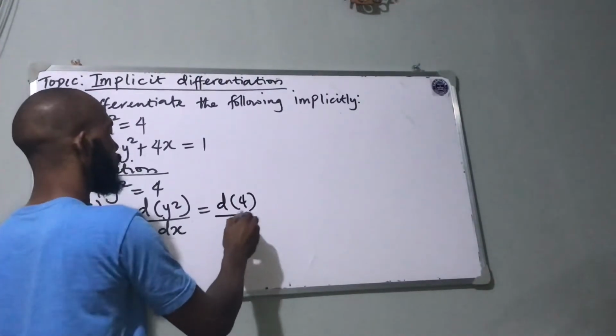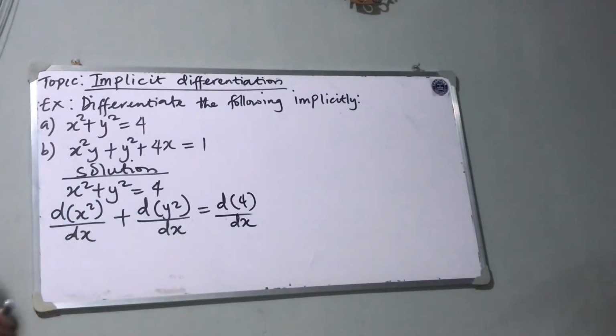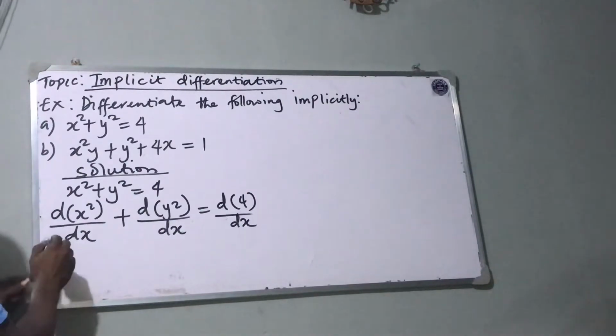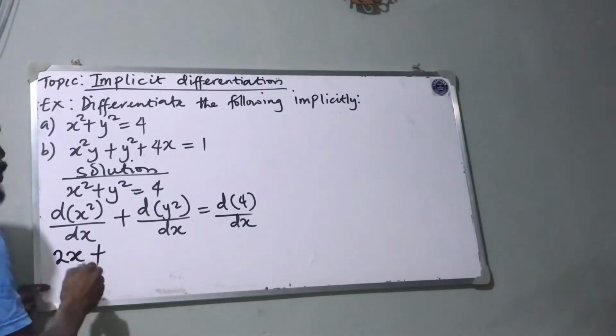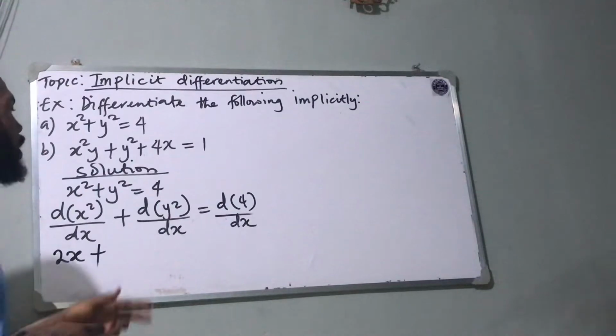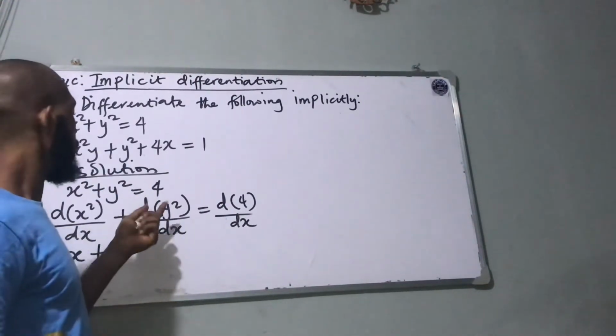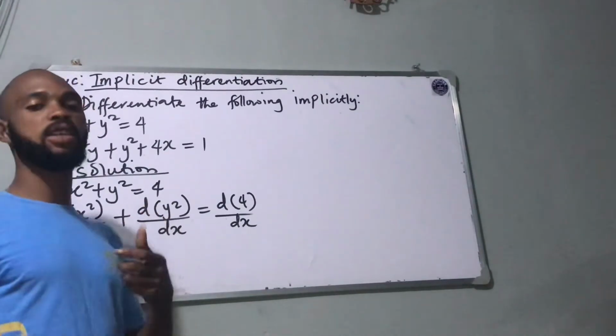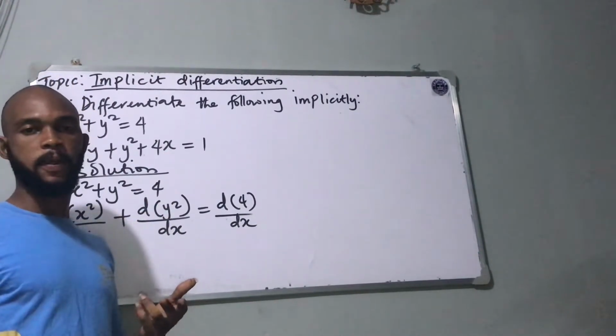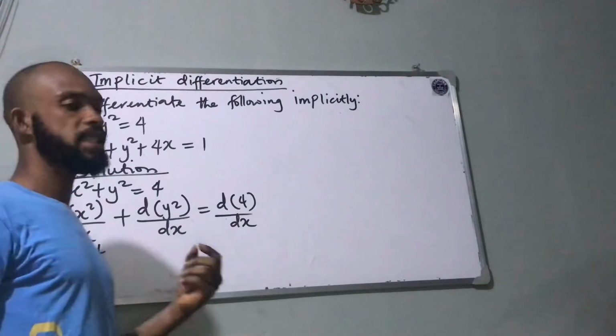with respect to x. Now if I differentiate x squared, I will have 2x plus, whenever I differentiate y with respect to x, the dy over dx will be retained, because dy over dx is the differentiation.